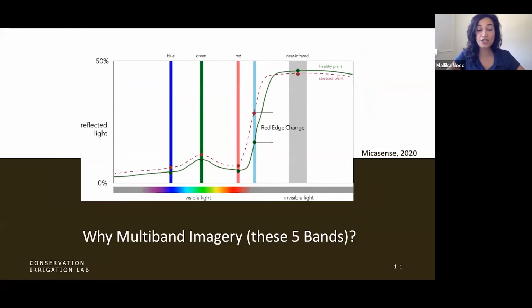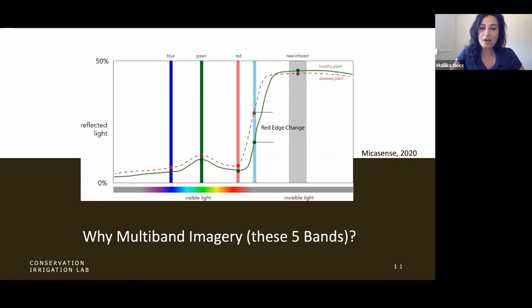So as I mentioned, if you want to actually calculate or estimate evapotranspiration and move beyond just stress, it's useful to also have multiband imagery. And typically these 5 bands are very useful because you can calculate many different indices, like whether it's going to be the NDVI, or as we use, the Enhanced Vegetation Index, which is called EVI.